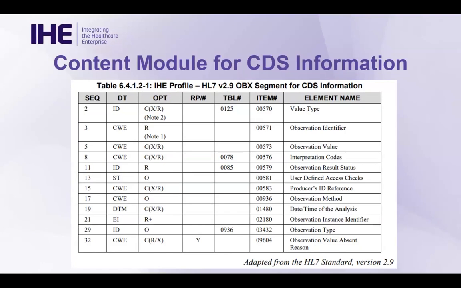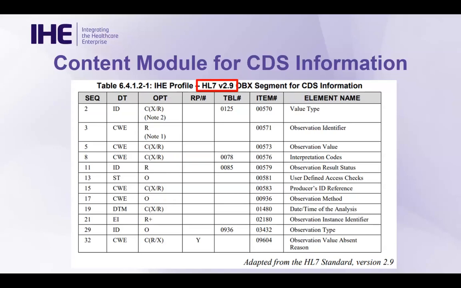The content specification is completely rewritten in section 6.4, and specifically it uses version 2.9 of HL7. And version 2.9 of HL7 is only used for this particular OBX segment for CDS information.